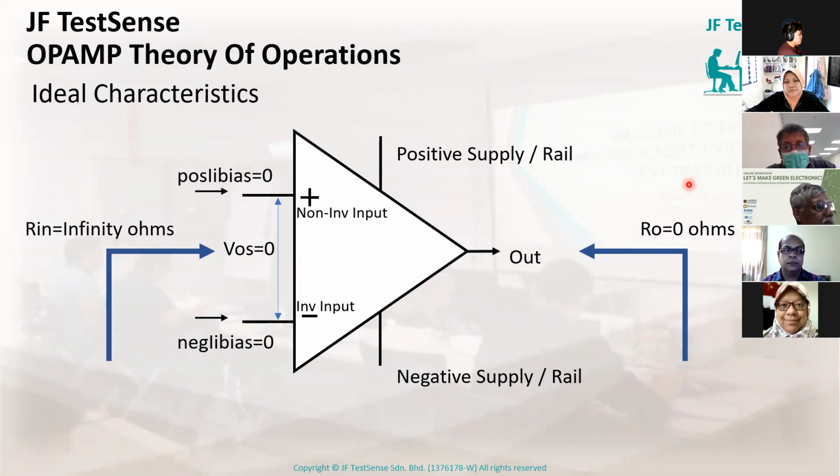Okay, ideal op-amp. The output resistance is 0, right? And then, of course, its open loop gain is infinity. By the fact that you have output voltage with 0 differential input, that already indicates infinite voltage gain, right?